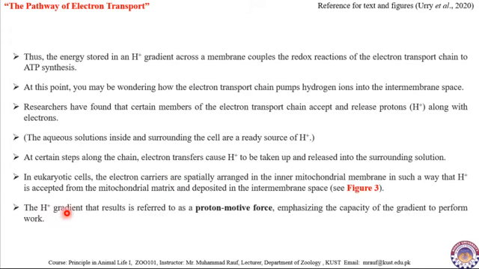The hydrogen ion gradient that results is referred to as proton motive force, emphasizing the capacity of the gradient to perform work. So the hydrogen ions present in the intermembrane space, they are in bulk, they possess potential energy, and they can move into the mitochondrial matrix through the concentration gradient, but they need a route, which is provided by ATP synthase.